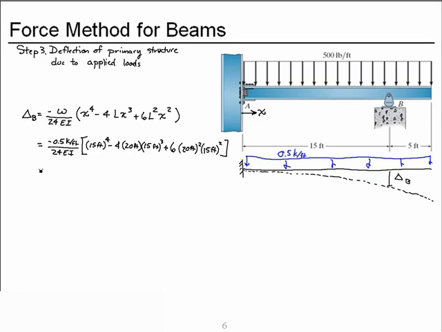We evaluate this expression and we get a negative 6,680 kip feet cubed over EI.